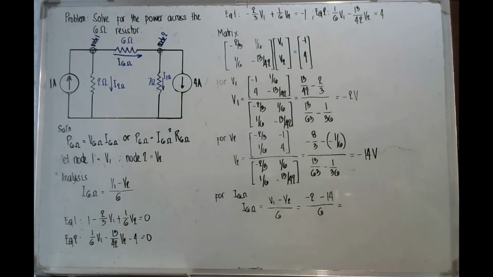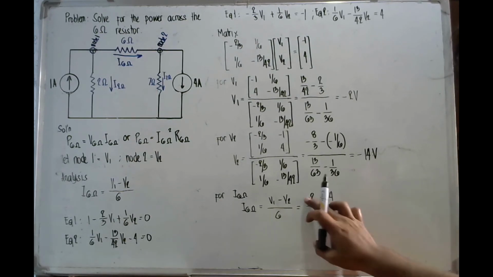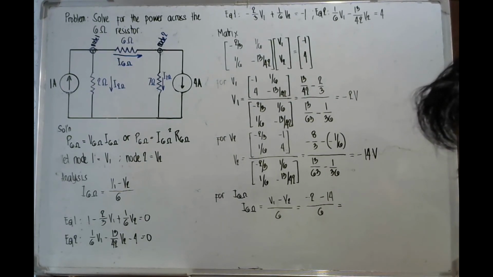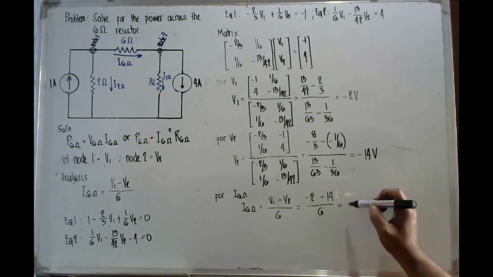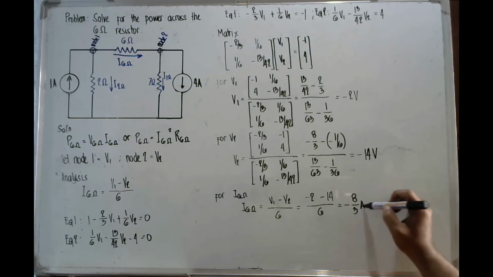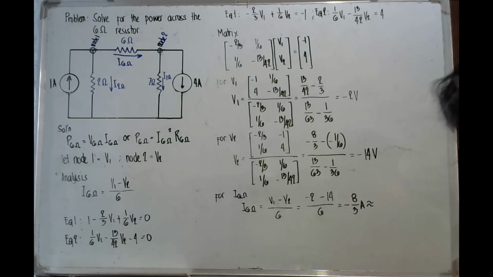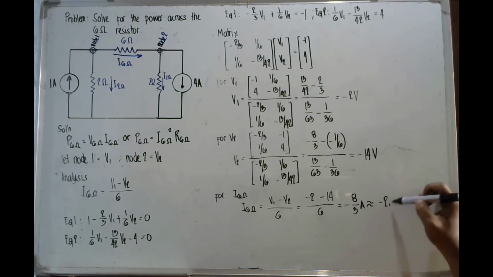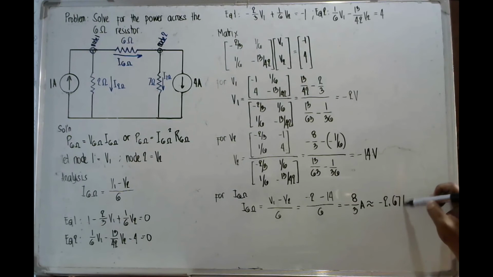So negative 2 plus 14 is 12, divided by 6. So that is equivalent to 2 amperes.